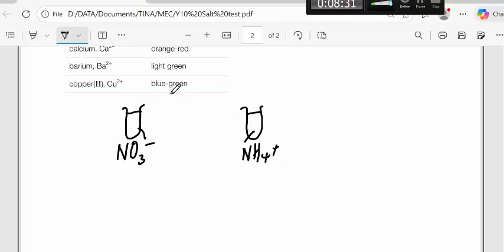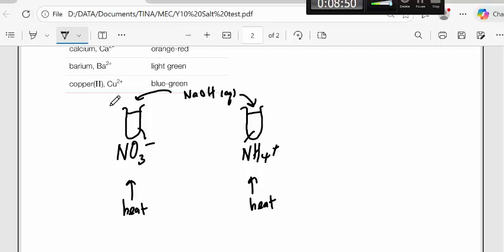For both, the first thing you add is sodium hydroxide, an aqueous solution. Do you remember? And then for both you heat it up. Both of them will release ammonia gas.